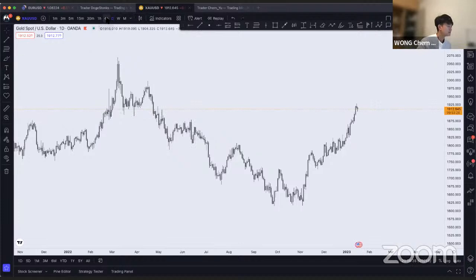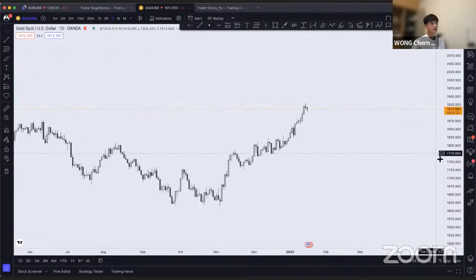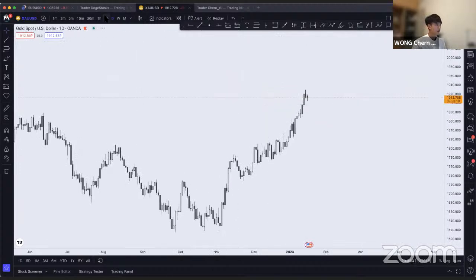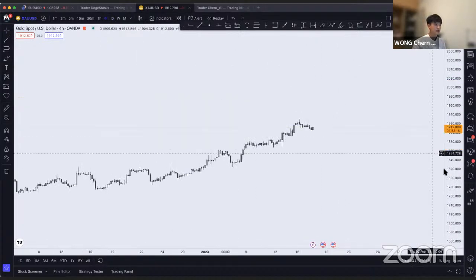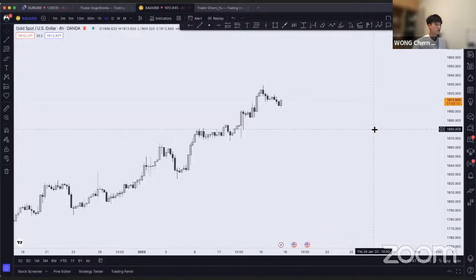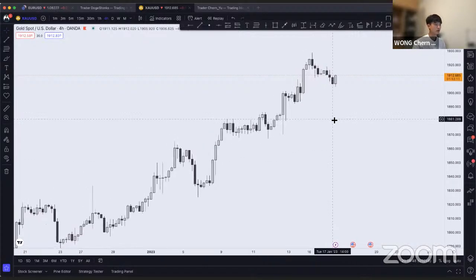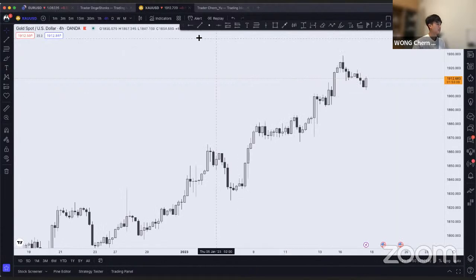Let me go down to the lower time frame to explain a little more in depth to you guys. Let's talk about the 4 hours time frame. Looking at the 4 hours time frame, we can really see the whole bullish trend in clear chart and clear candlesticks. So let me firstly mark out the highs and lows for you guys.